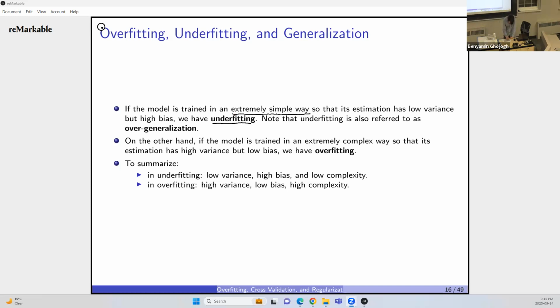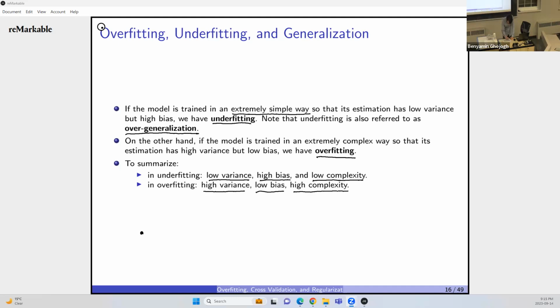Underfitting is sometimes called overgeneralization. Also, if the model becomes too complicated, we call it overfitting. So in underfitting, we have low variance, high bias, and low complexity. In overfitting, we have high variance, low bias, and high complexity.